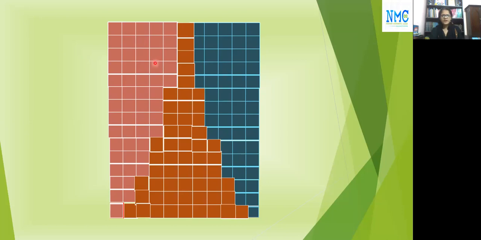And for the other 55, I rearranged it here, you see 5, and in between I had to fill up the gaps by rearranging. Again this brown color, you can count the 55 square pieces. So the area of these three pieces equals the area of the rectangle. That's what I want to convey.